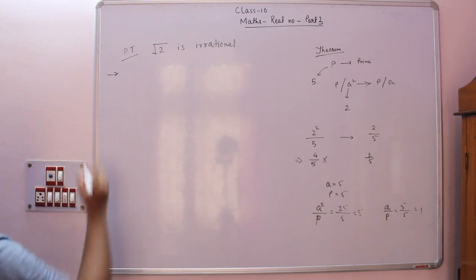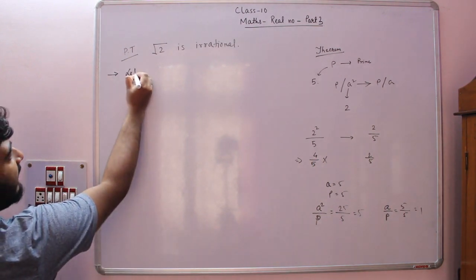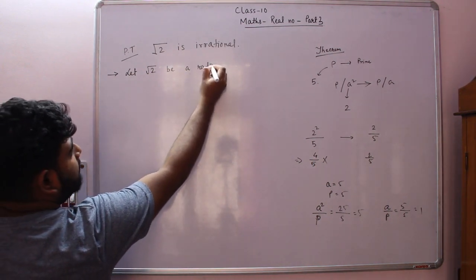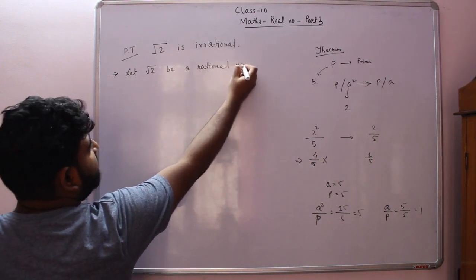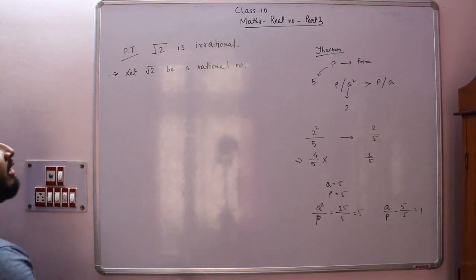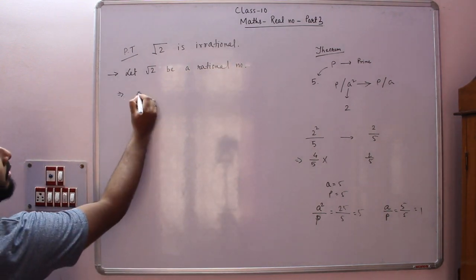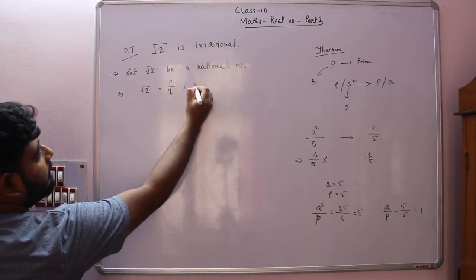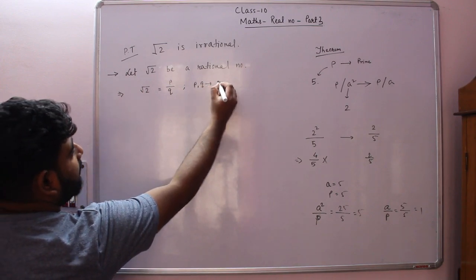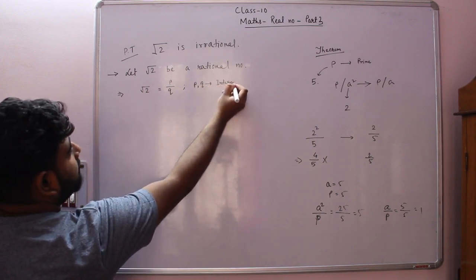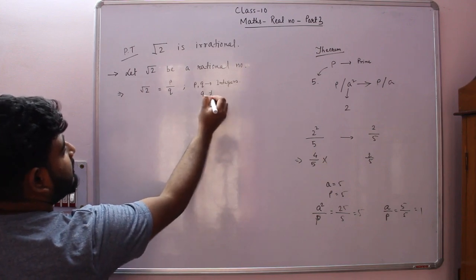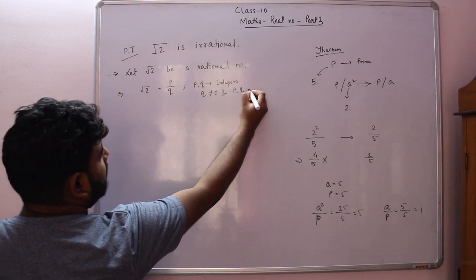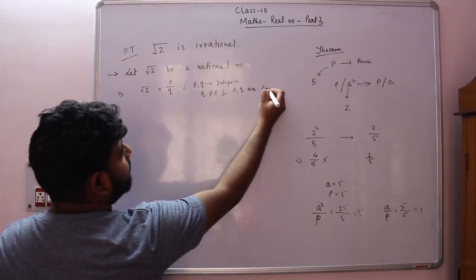How will you prove root 2 is irrational? We have to assume, let root 2 be a rational number. Now, if it is a rational number, it can be written in the form of p by q. So we can write root 2 equals p by q, where p and q are integers, q cannot be 0, and p and q are co-prime.